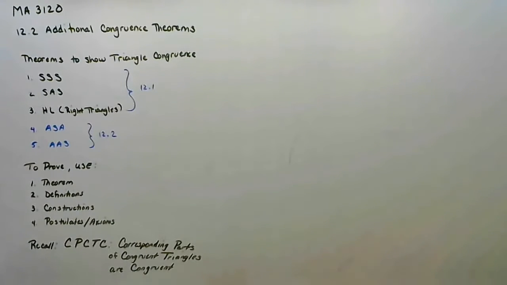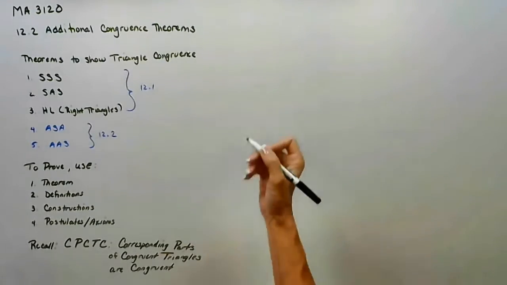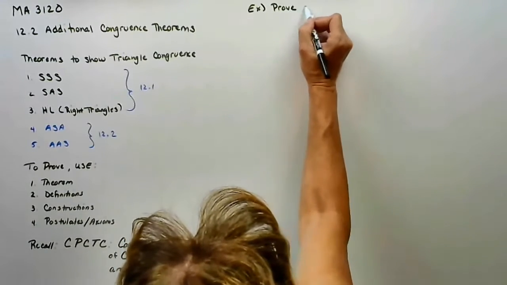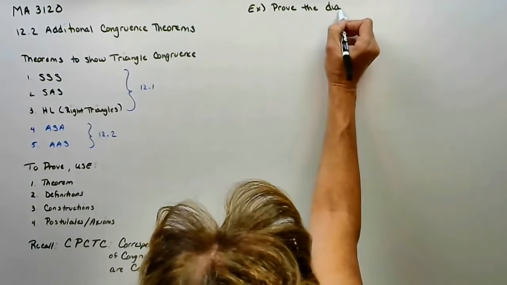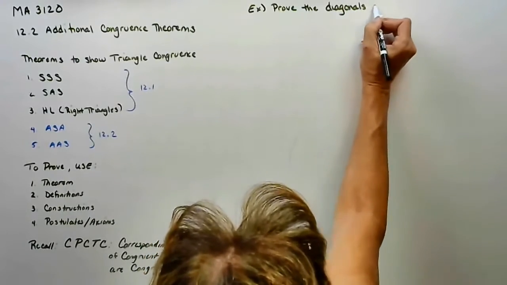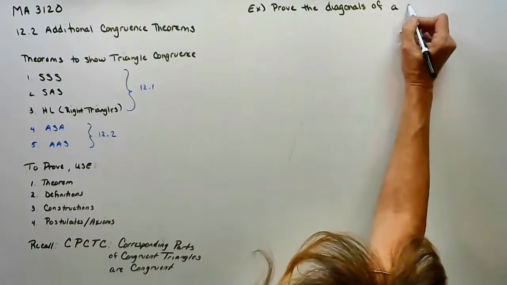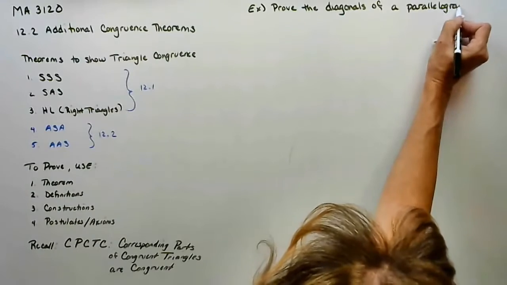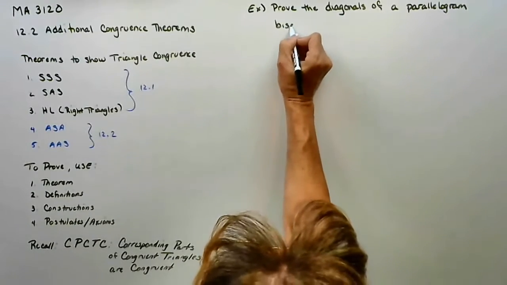The other one I am looking at is we want to prove that the diagonals of a parallelogram bisect each other.